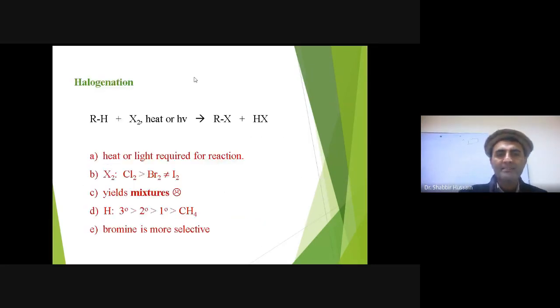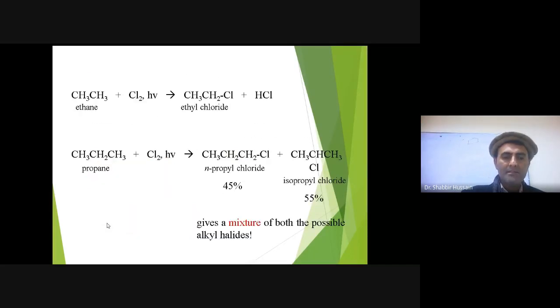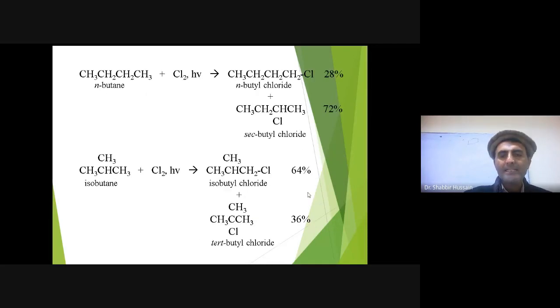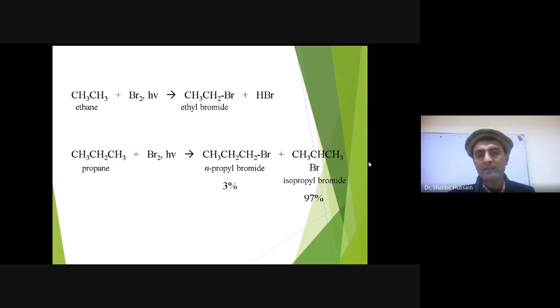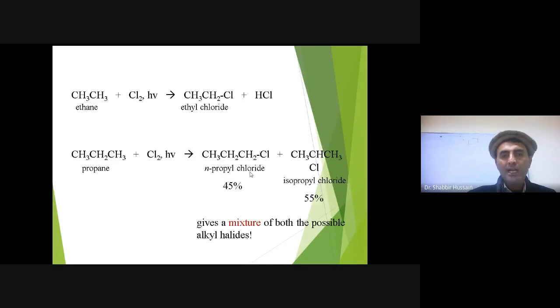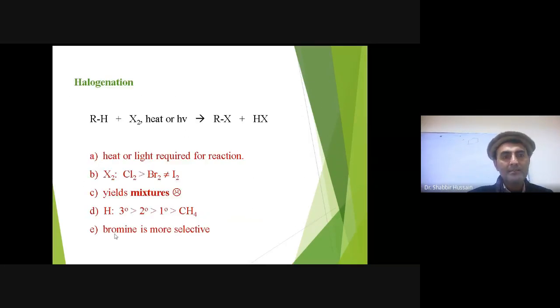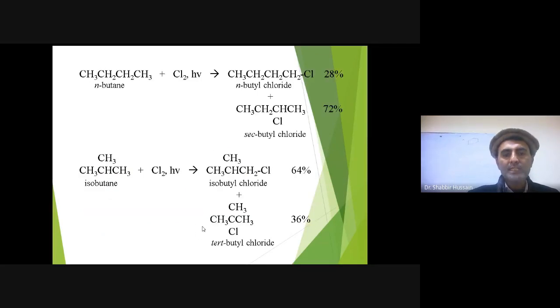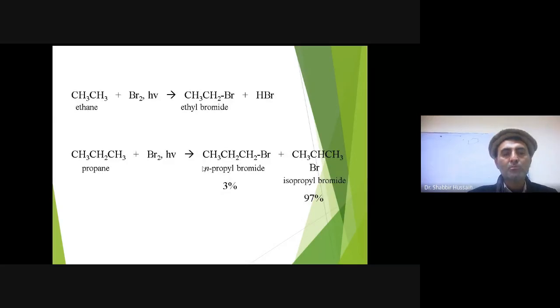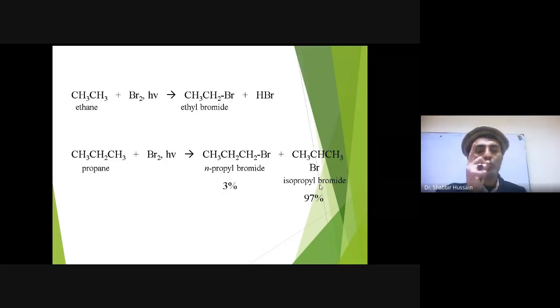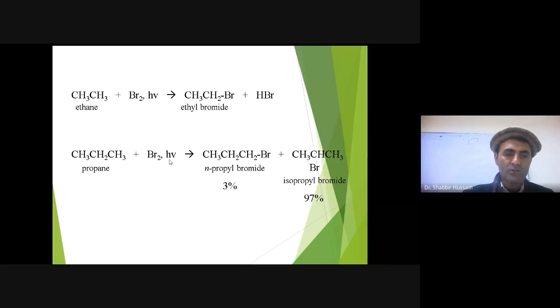Again you see here, when we react with butane, as I have already discussed, in chlorination the percentage was less, but here the percentage is higher in the case of bromine. The reason is, I have already discussed that bromine is more selective. No doubt chlorine is more reactive, but bromine is more selective, right? We get our required product through bromination more as compared to chlorine because bromine is more selective.